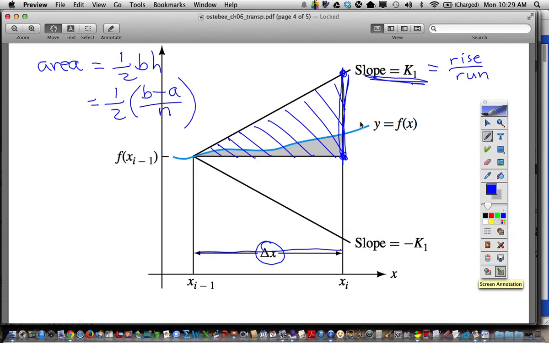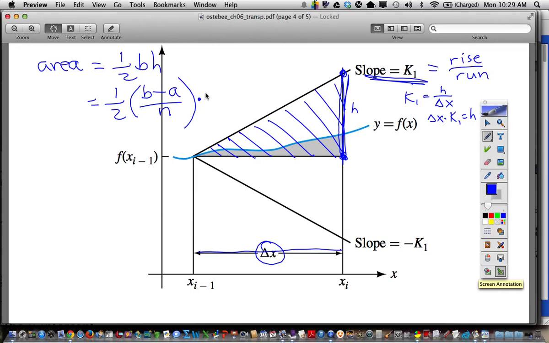Let's just call this h for height right now. It's a different h than what I had in my other pictures. Let's just call this h for height on the triangle. Now what do we call this right here? Delta x, right? So my k1 is just equal to h, the rise, over the run, delta x, right? So now let's multiply the delta x over there. So delta x times k1 is our h. So the height of our triangle is delta x times k1.